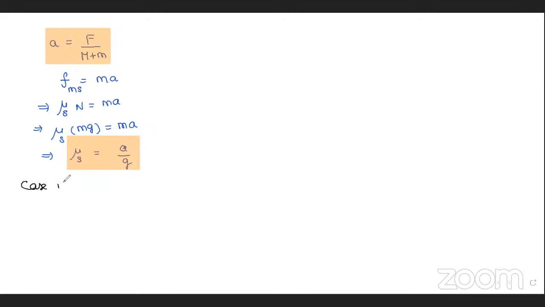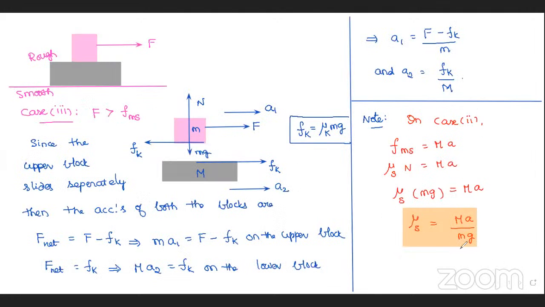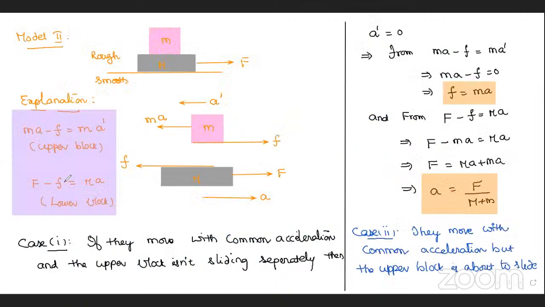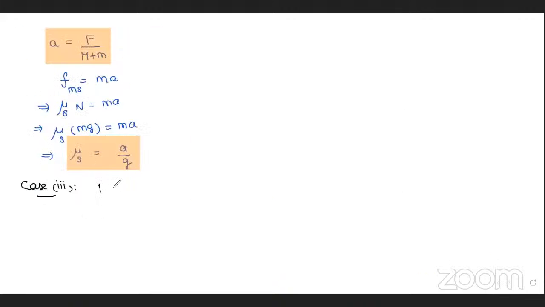Case 3, here. Then, in this case 3, like in model 1, case 3, applied force is greater than FMS. So here going to case 3, F is greater than FMS.